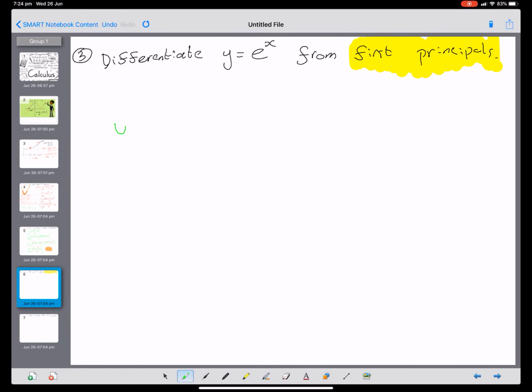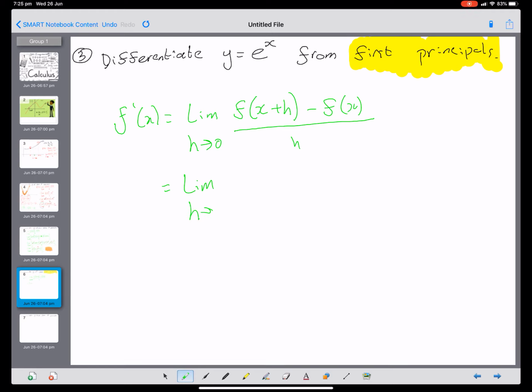Okay, so we've got f dash of x is the limit as h goes to 0 of f of x plus h minus f of x all over h. Okay, so let's make a start. e to the x plus h minus e to the x all over h. So we can do some factorization here.